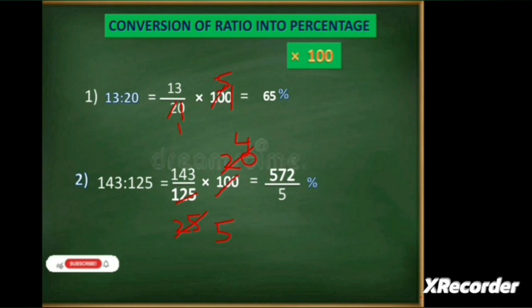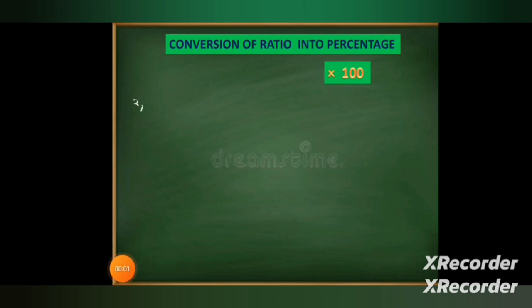Because this fraction, if you will see, it is in improper fraction. So what we will do? We will either convert it into decimal numbers or we will convert it into mixed fraction. So I will convert it into mixed fraction, which comes to 114 2 upon 5%. Now let's take the third example.